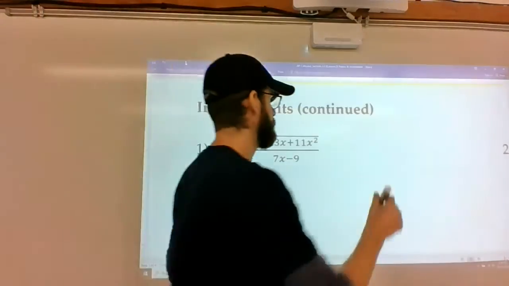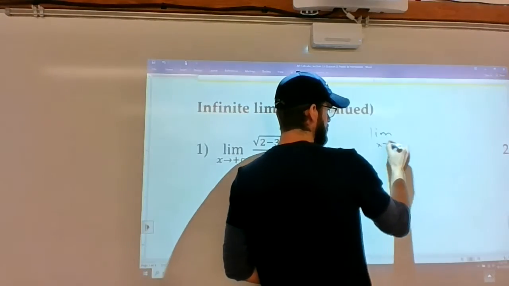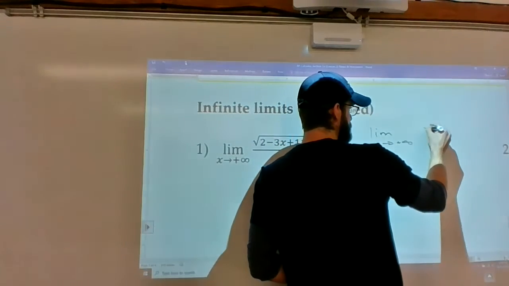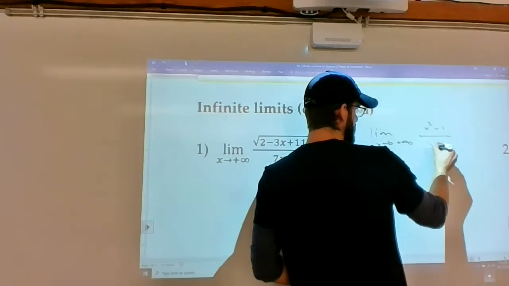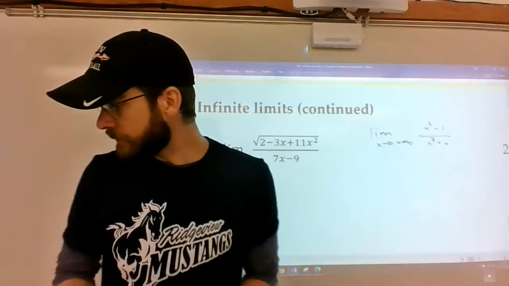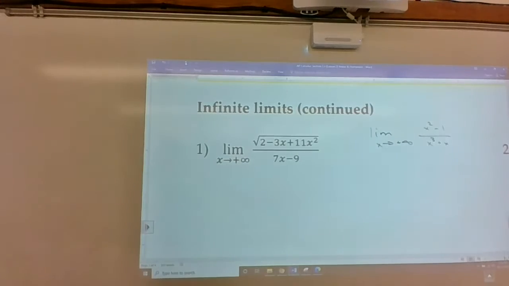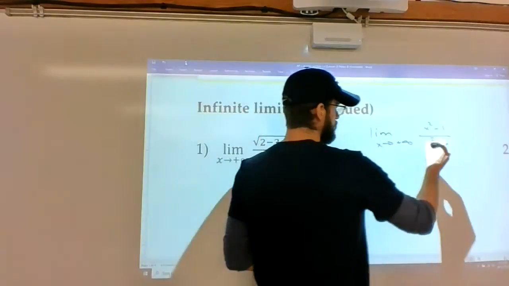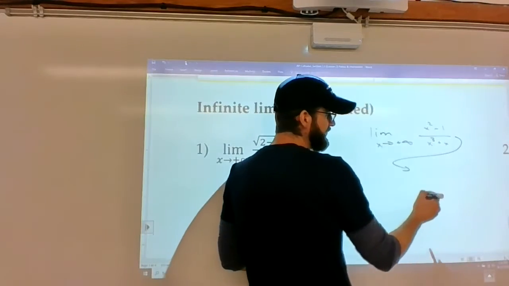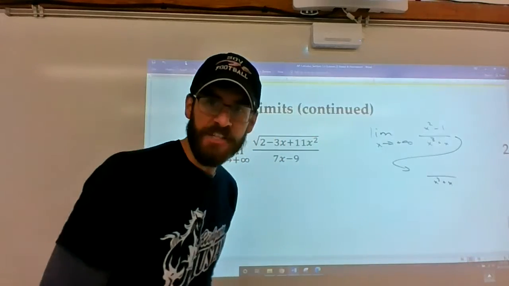For instance, if you saw something like the limit as x approaches infinity of x squared minus 1 over x cubed plus x, something like that. The idea is you could divide the top and bottom by x cubed.